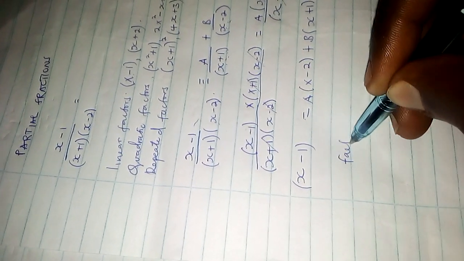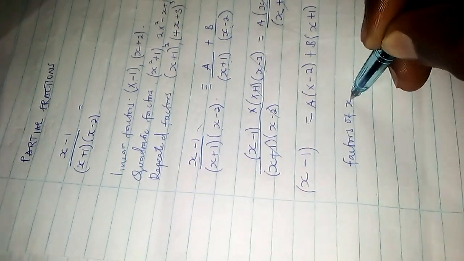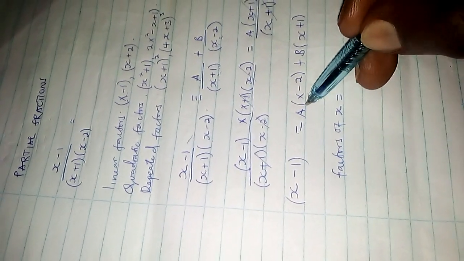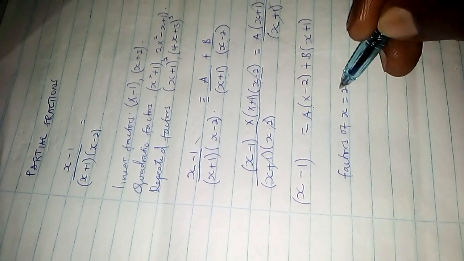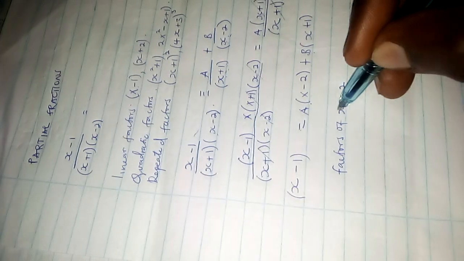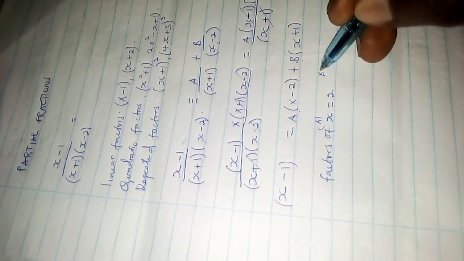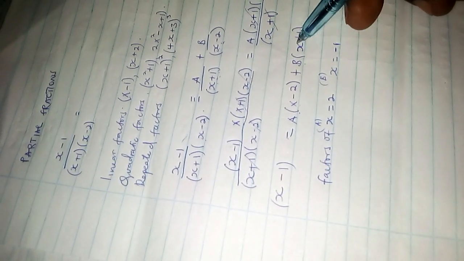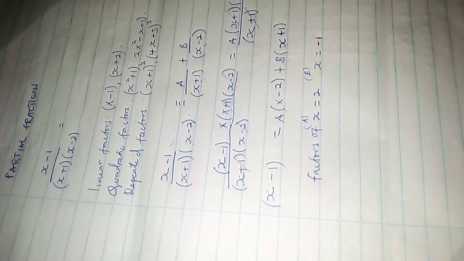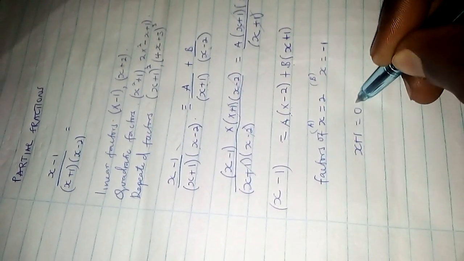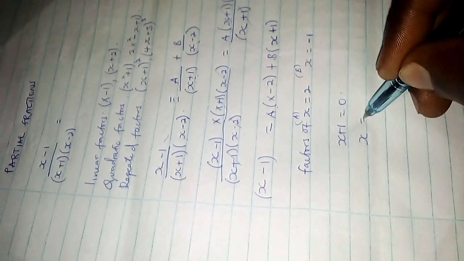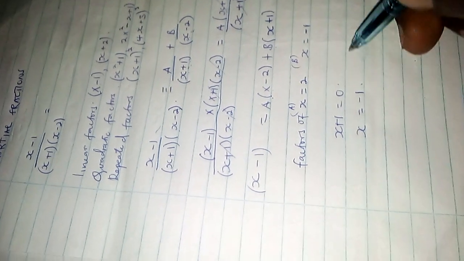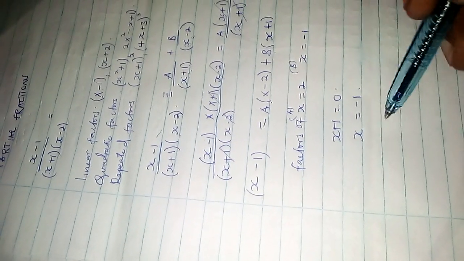On the side of a, x equals 2, and on the side of b, x equals minus 1, because if x plus 1 equals 0, then x equals minus 1. Let's continue.